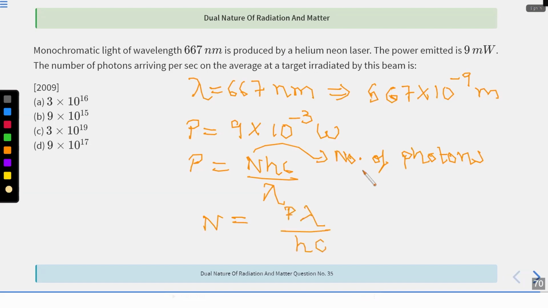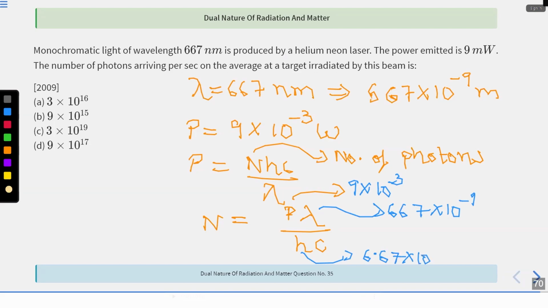So substituting all the values where P is 9 into 10 to the power minus 3, lambda is given, that is 667 into 10 to the power minus 9, and H is 6.67 into 10 to the power minus 34, and C is 3 into 10 to the power 8. With the substituting of all these values, we'll get our N to be approximately equal to 3 into 10 to the power 16. Okay, and that is our option A.